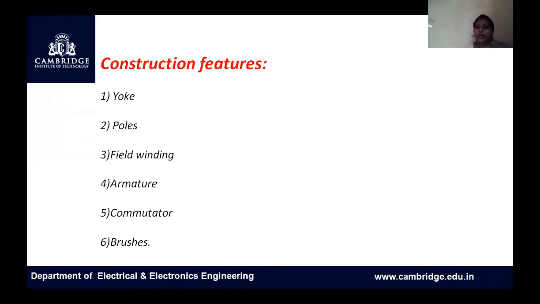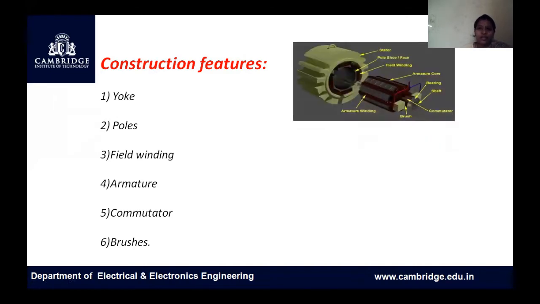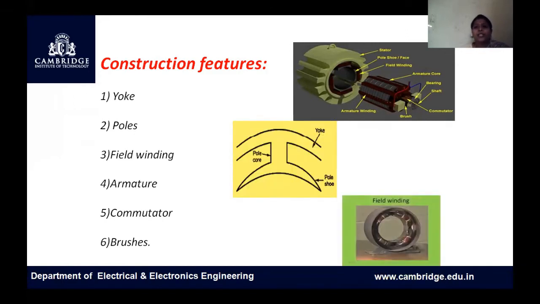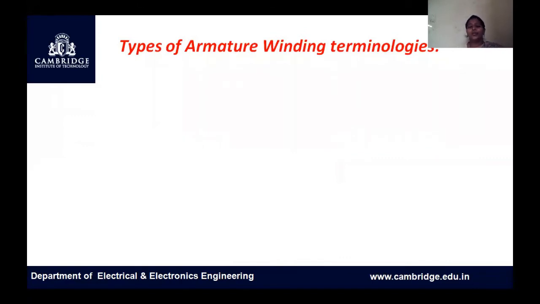Next, we will study the EMF equation of your DC generator. Before that, here are different images of the commutator and all the parts of your DC machine: yoke, poles, field winding, commutator, and brushes. Then we will study the EMF equation of DC generator.